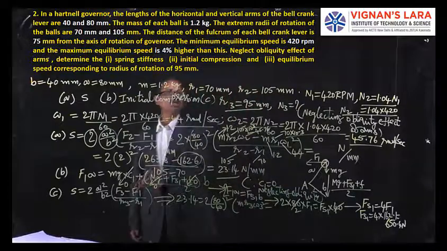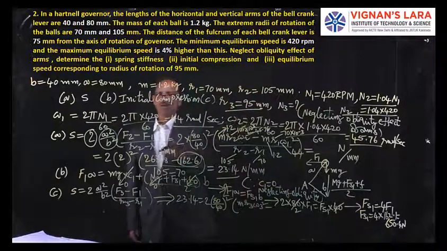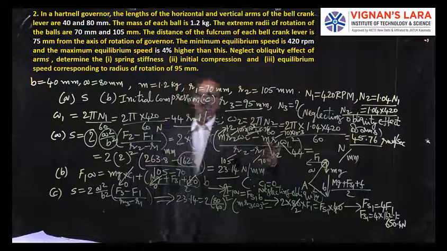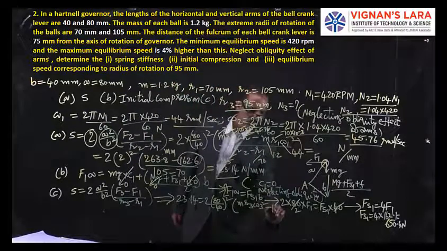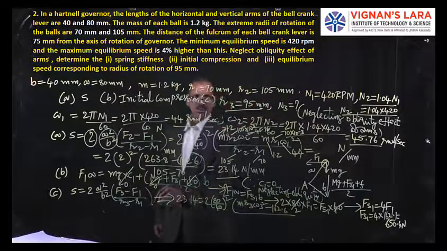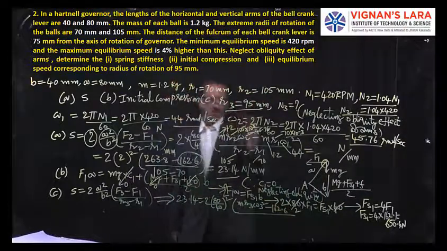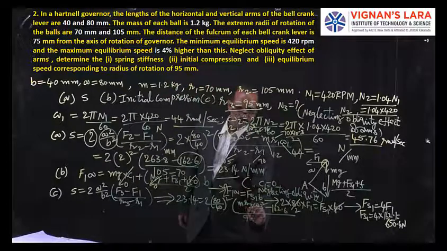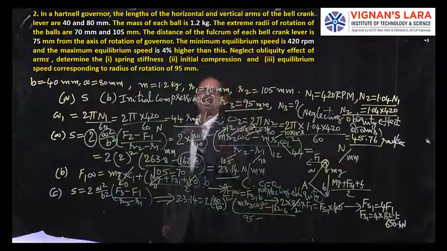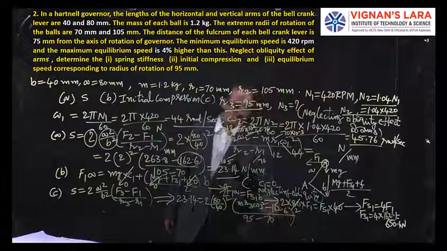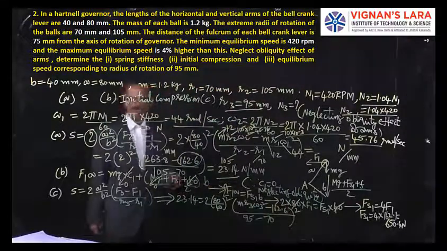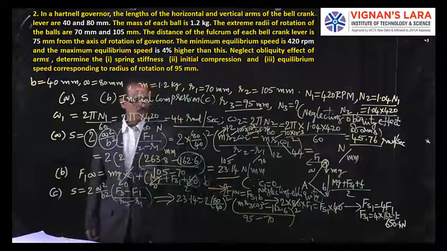What is F1? F1 we have already calculated, so that force 1 is 162.6, by R3 minus R1, so 95 minus R1 70. This is in mm because the spring stiffness is in Newton per mm.